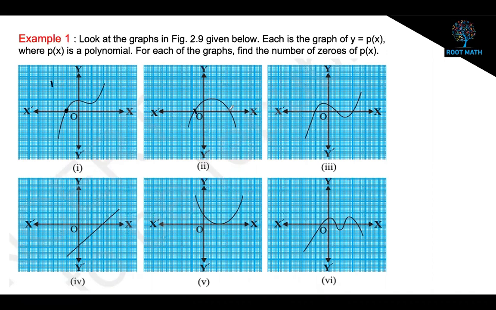Here it is intersecting the x-axis at 2 points, it has 2 zeros, and it is intersecting the x-axis at 3 points, it has 3 zeros. And here again, intersecting the x-axis at 1 point, and here you can see it has the coincident point. So you want to consider as 1 point, 1 zero only. And here 1, 2, 3, and 4. So this curve has 4 zeros.